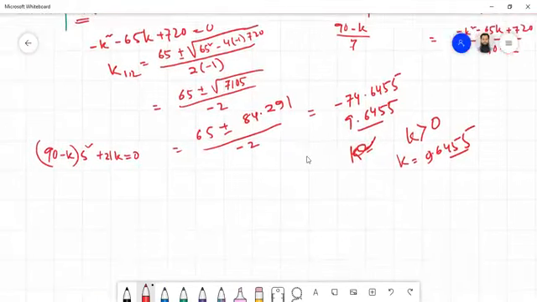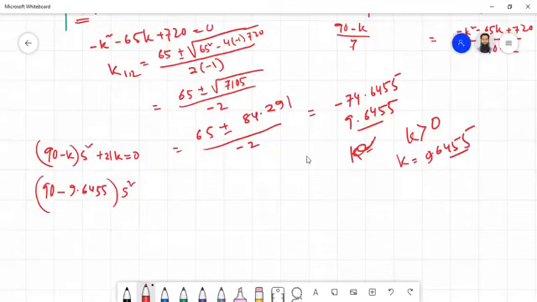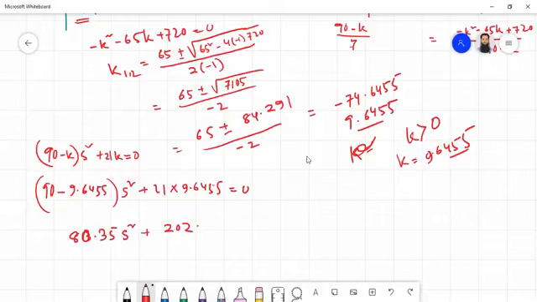So what we are going to get here is (90 minus 9.6455) whole s square into s square plus 21 into 9.6455 equal to 0. So basically it will be 80.35 s square plus 202.65 equal to 0.